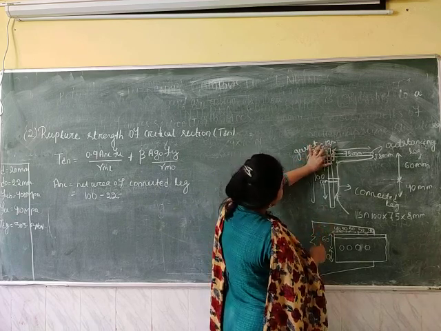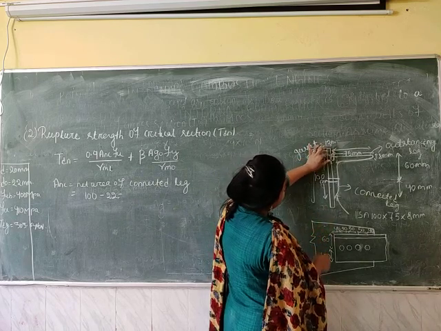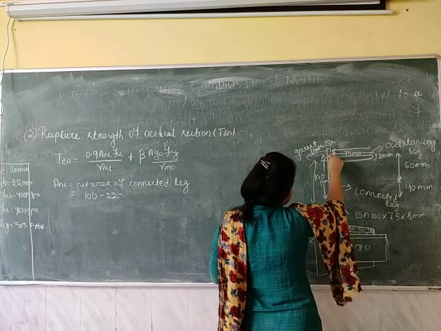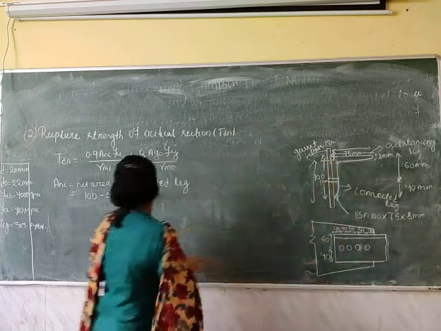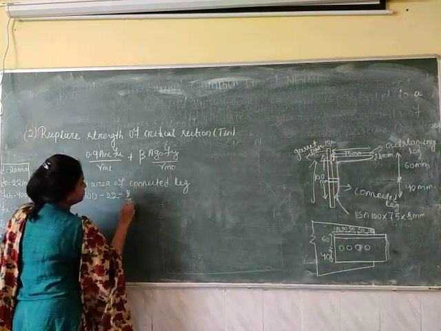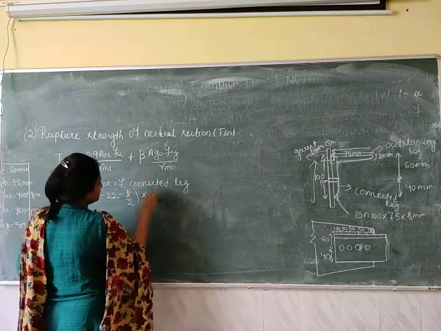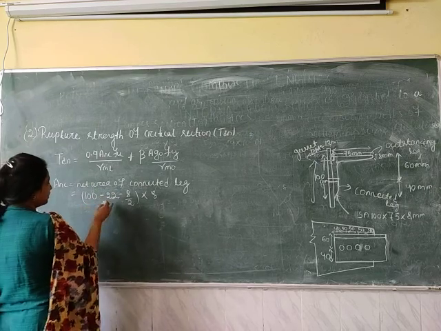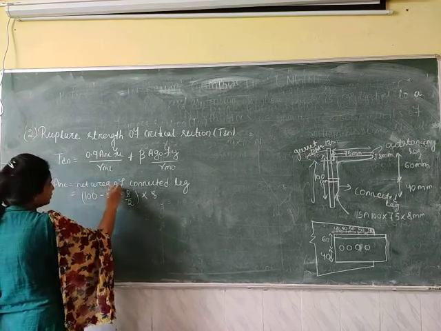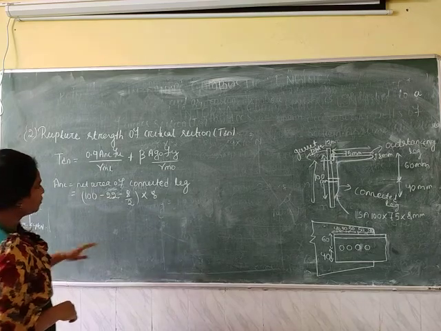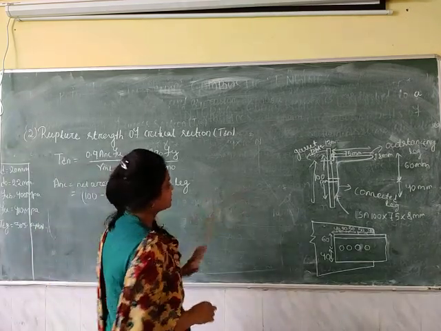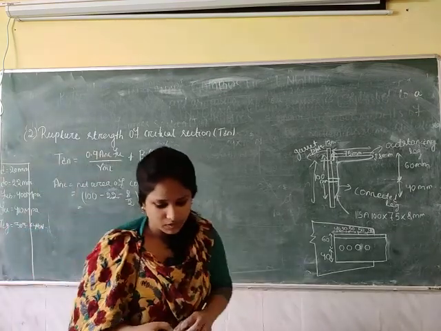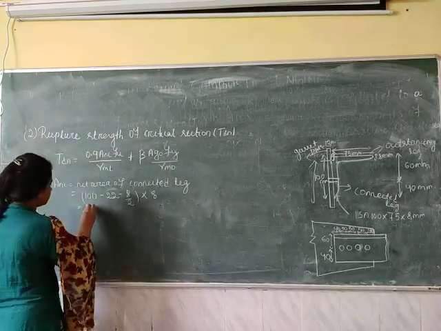This thickness is 8 mm, so we have to deduct this length, that is 8/2. From the total length we deduct the bolt hole dia, into the thickness of the angle section, that is 8 mm, and this is coming 592 mm square.